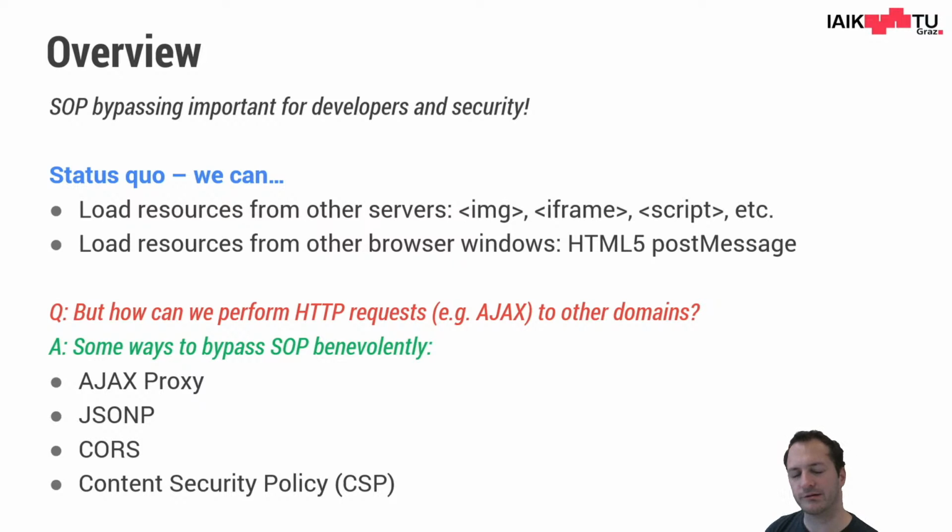Or for example, online.tugraz.at wants to include the login from sso.tugraz.at. The same origin policy would just block it. Because what happens if you enter your login data to online.tugraz.at, essentially you're getting referred to sso.tugraz.at, and then this subdomain informs the other subdomain that you're successfully logged in. So to allow this communication, the same origin policy has to be bypassed, but benevolently, in a good way, because there is no malicious purpose behind that.